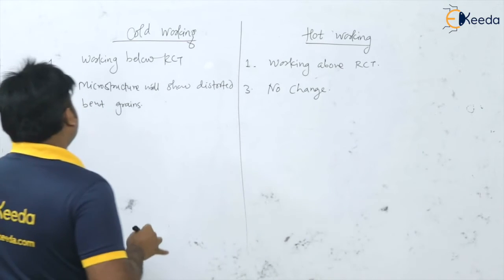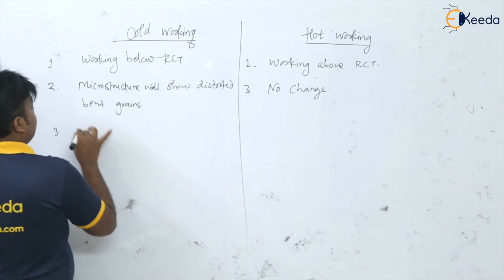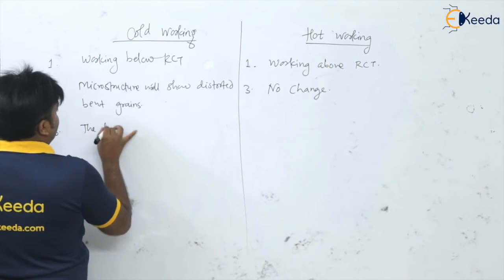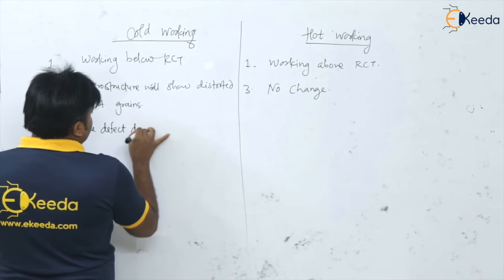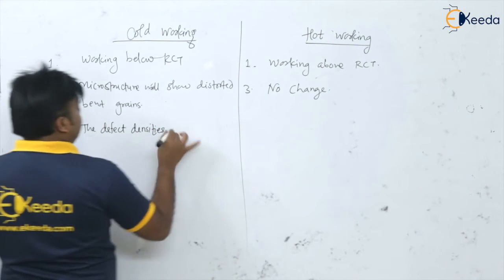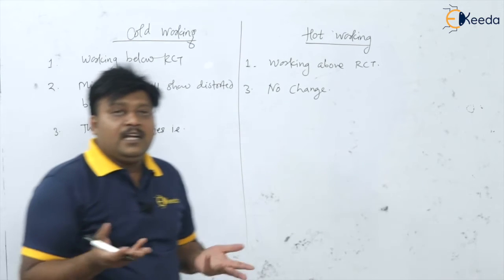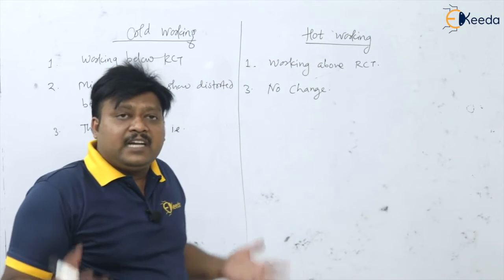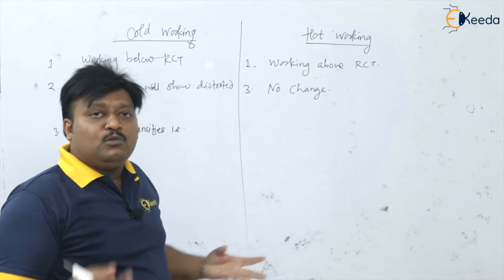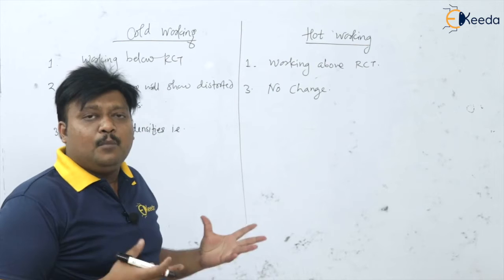So here the defect densities are present as the distorted grains are there. What are defect densities? These are nothing but the imperfections in the crystal, like we are having one dimensional, two dimensional, three dimensional defects, that is point defect, line defect, plane defect.